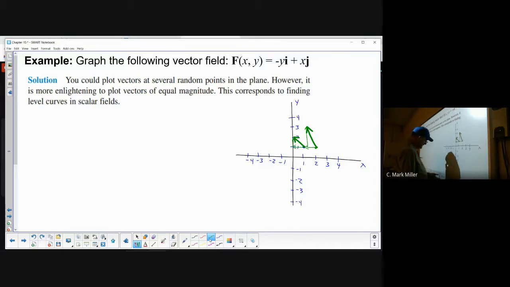Well, how about if I did this vector here on the y-axis? The y-coordinate is still 1, and so it's going to go over 1. The x-coordinate is 0, so it doesn't go up and down at all. So it goes like that.